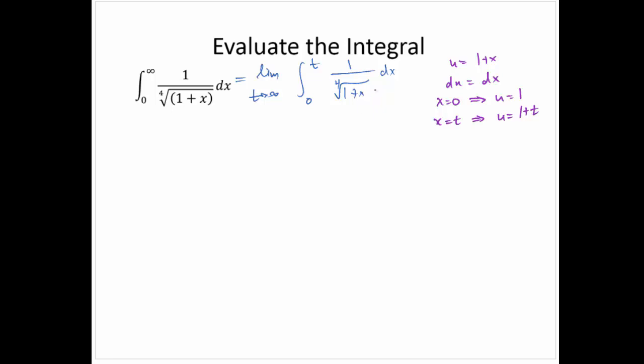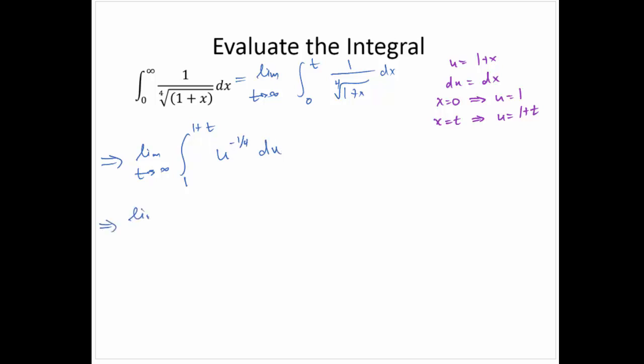So, I don't need to multiply by anything since du is equal to dx. So my integral then becomes the limit with t approaching infinity of, now I'm switching variables here from x to u, from 1 to 1 plus t of u to the negative 1/4 du.